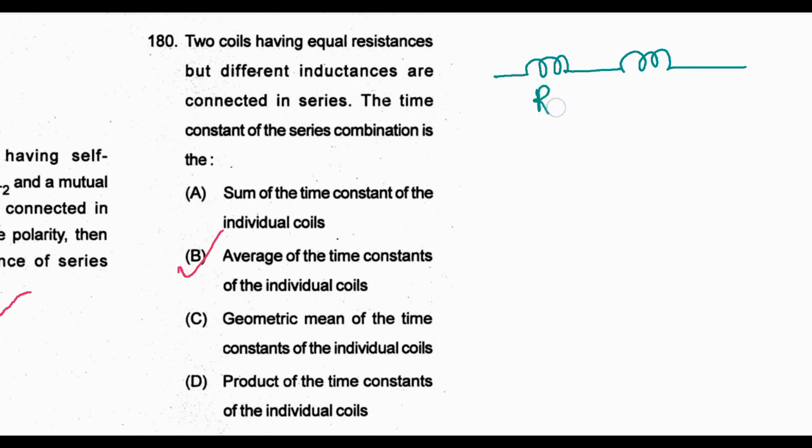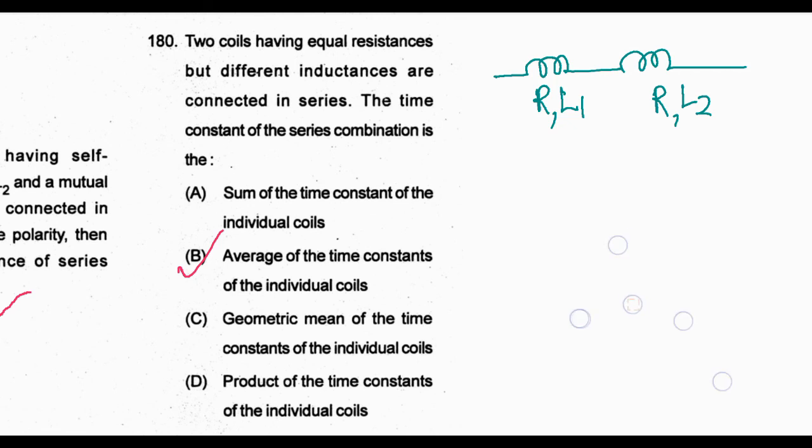Here this one is R, equal resistance but different inductances. Here R are connected in series, and here L1 and here L2. These are given things, and the time constant of the series combination is, what will be the time constant for this one?